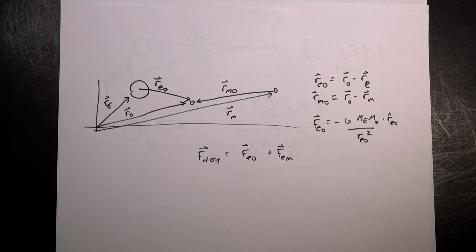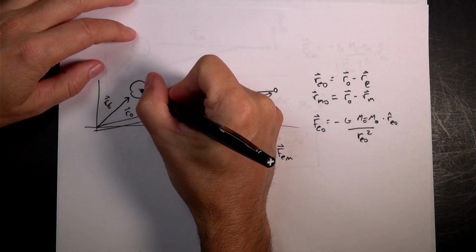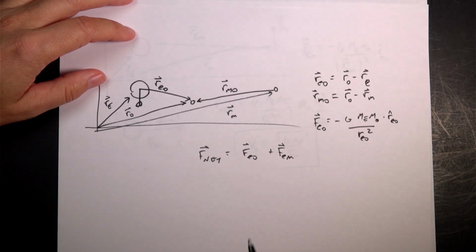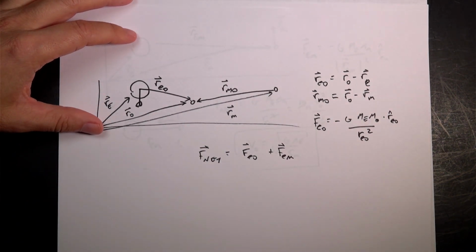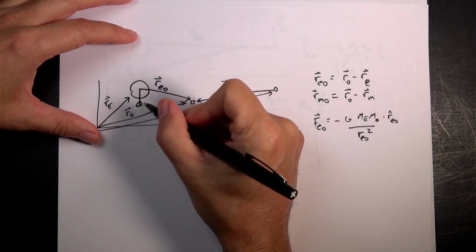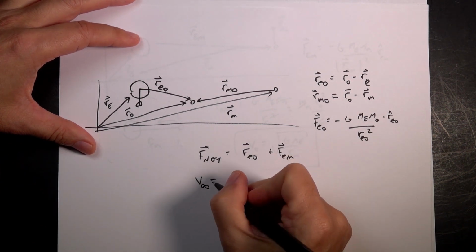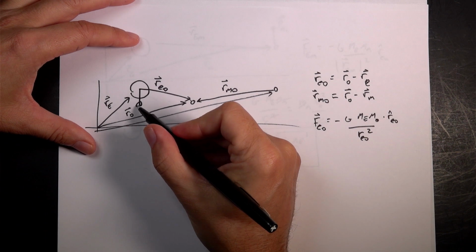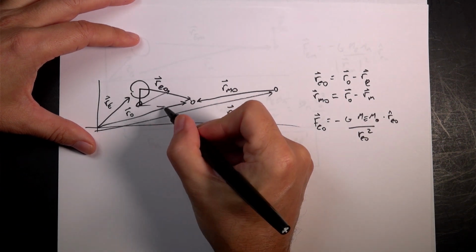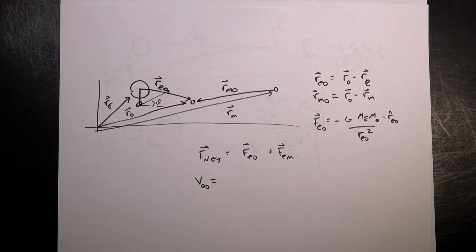Now, the other thing I'm going to need to do is to say, well, where does it start and what is its momentum? So I'm going to start right below it, because that's what it looks like in the animations I've seen. I'm going to give it an initial velocity, VOO equals something. And I'm going to shoot it at some angle theta.